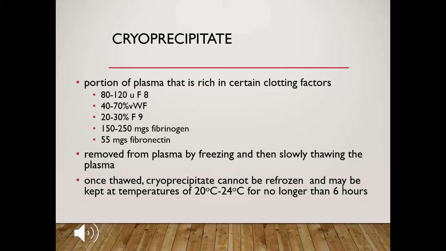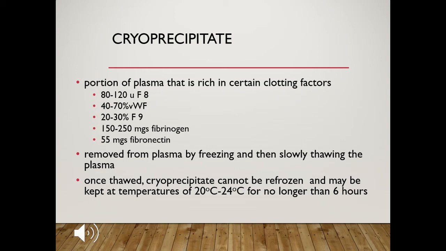Cryoprecipitate is a portion of plasma. So, it's a plasma derivative that is rich in certain clotting factors. It's rich in factor 8. Okay? It's rich in von Willebrand factor, factor 13, fibrinogen, and fibronectin. So, saan siya ginagamit? Sa hemophilia A patient na walang factor 8 concentrate.